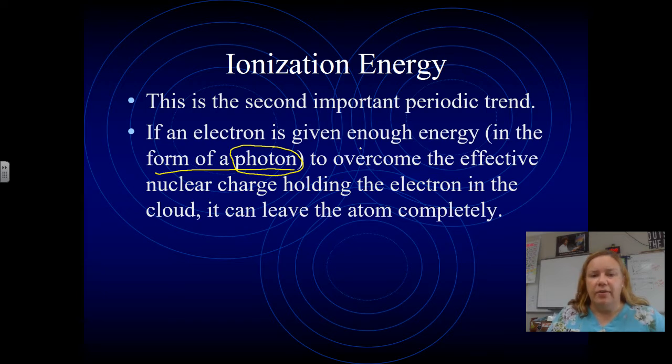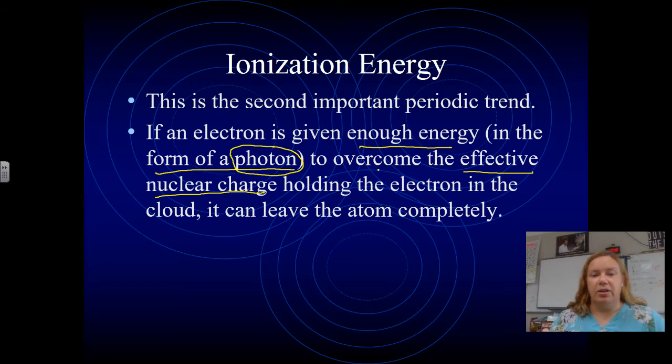But if we give enough energy to overcome the effective nuclear charge, remember, that's when the nucleus is holding in those electrons because it has a high number of protons, so it can be highly positive, holding in those negative electrons.